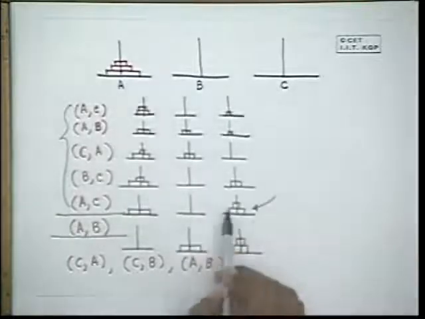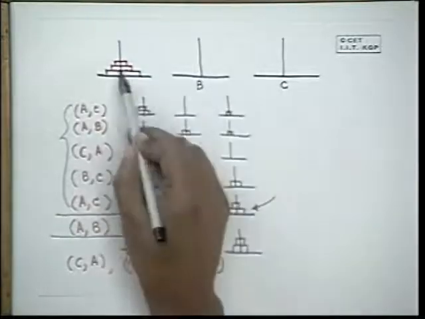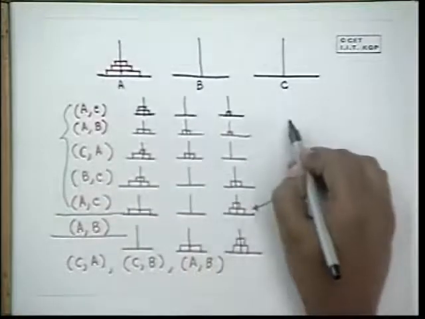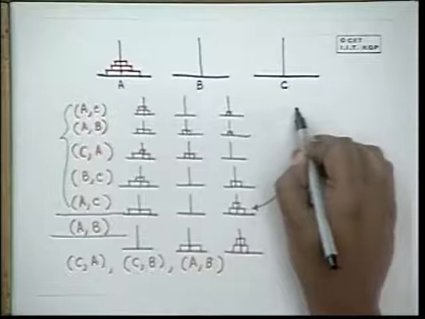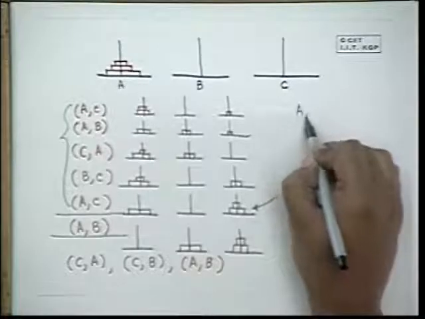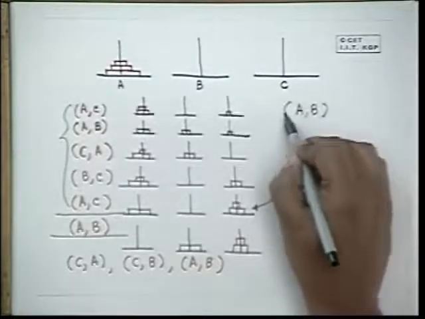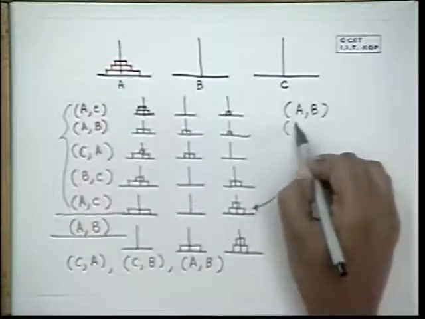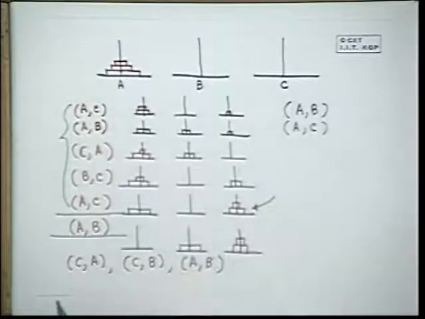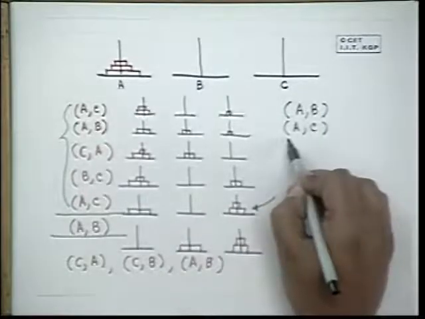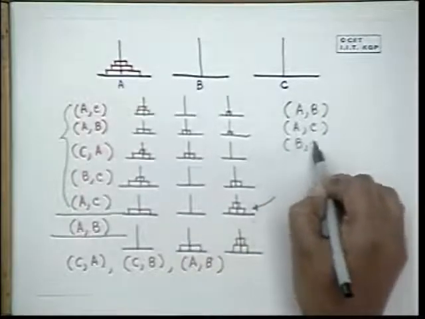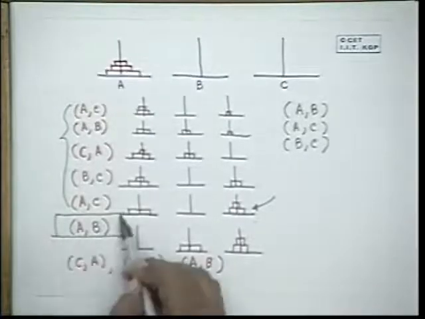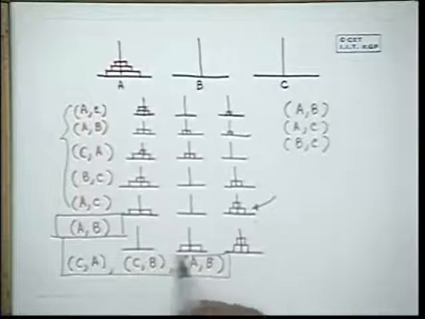And the improvement is, to bring it from here to here, I need to bring this down, this up, and this back. So all I need to do was A to B instead of this A to C, which we did. A to C now, and B to C. Follow it up with this one and these.